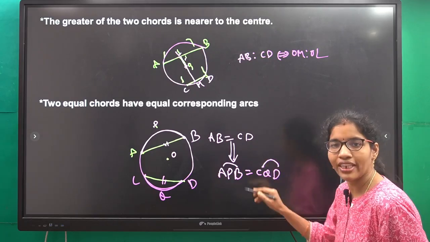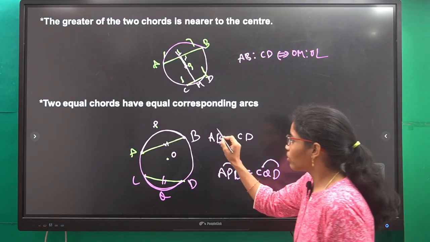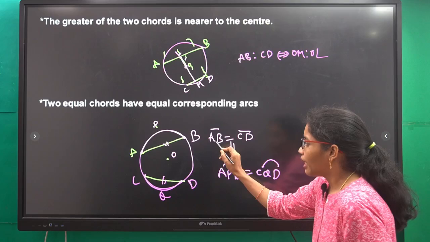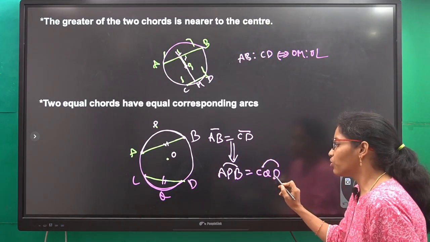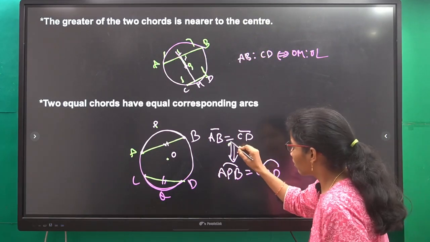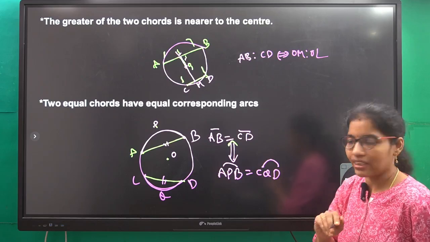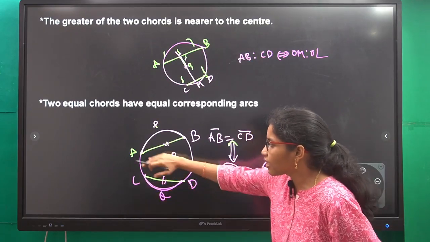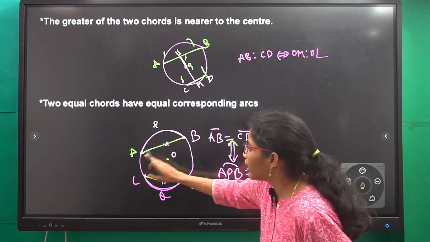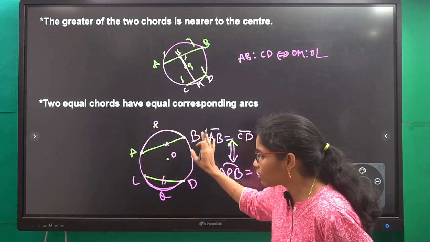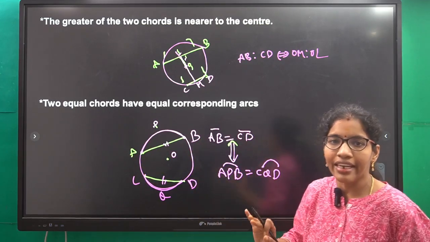This is the representation for the arc, and this is the representation for the chord, as I told you already. AB equals CD, then APB equals CQD. The converse is also applied. If the two arc lengths are the same, then those two chord lengths are also equal.